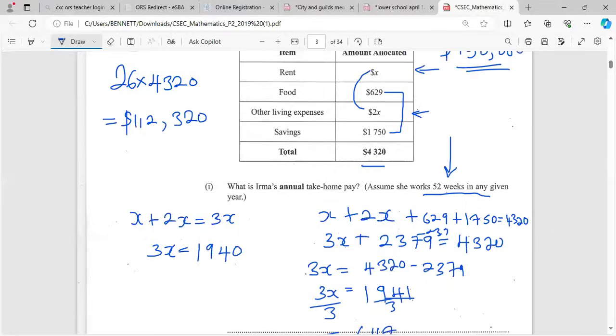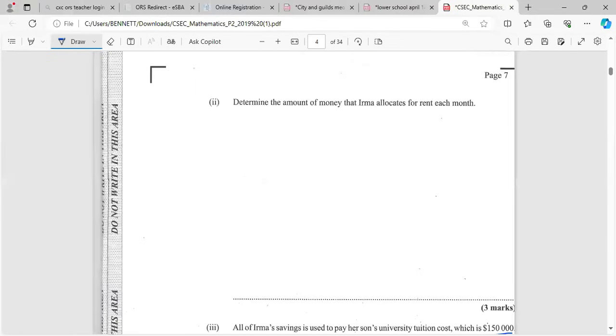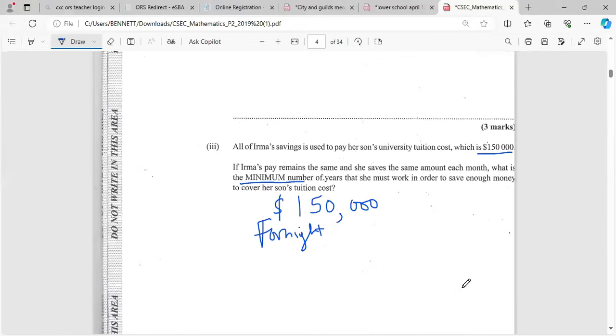Yeah, 1,750. So every 2 weeks you get that. So we can calculate how much you work for 1 year by multiplying it by 26, right? Because there are 26 fortnights in the entire year. So you want to find out how much you make per year, which would be 45,500.